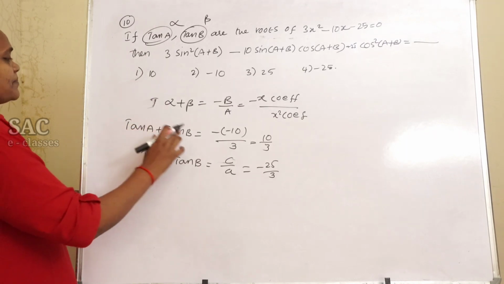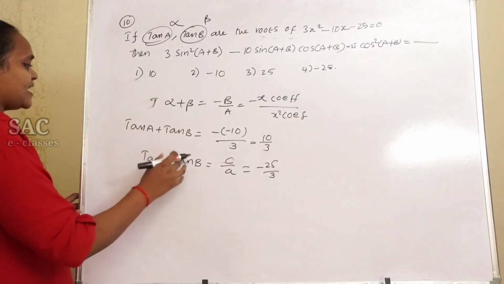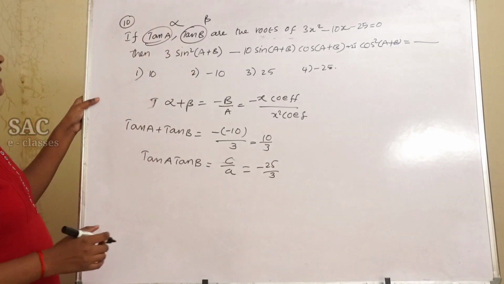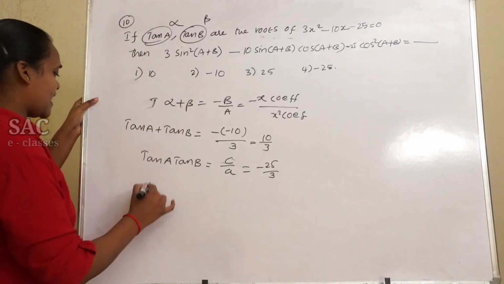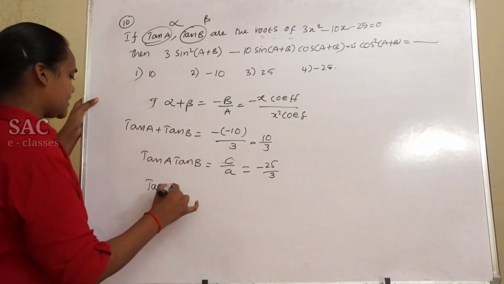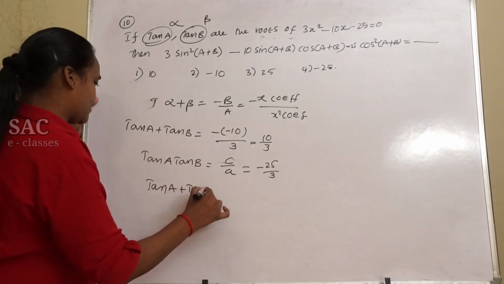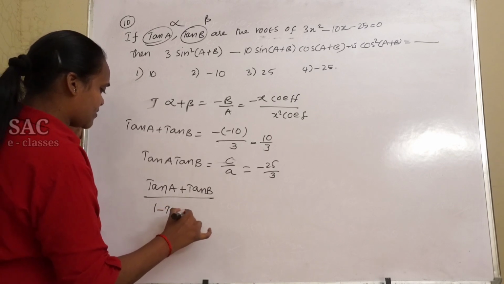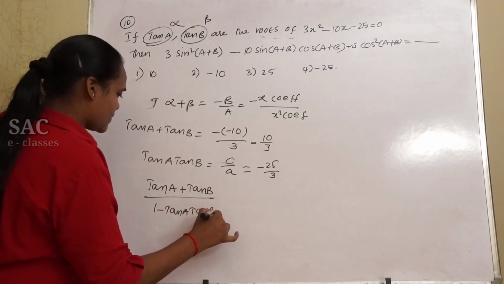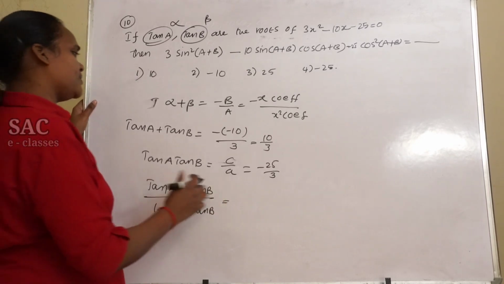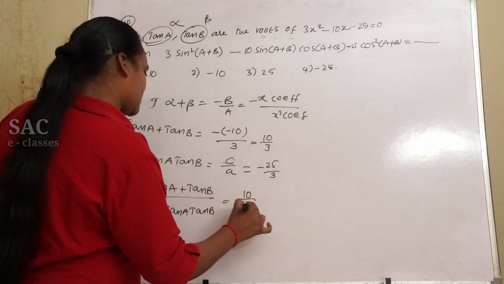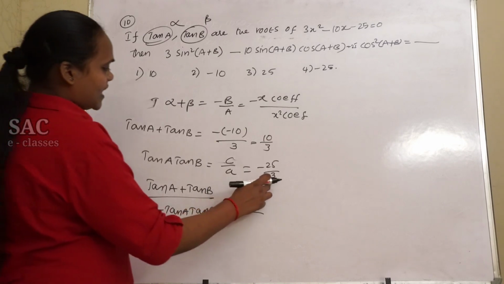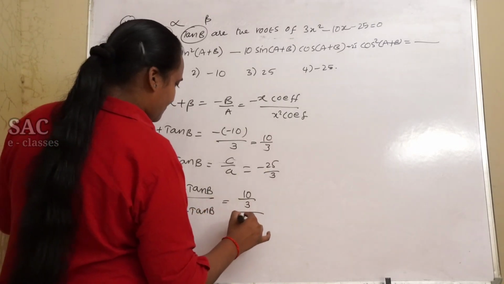We got tan A plus tan B and tan A into tan B, but we want sin of a plus b. Then we can write tan of a plus b as tan A plus tan B by 1 minus tan A tan B. Tan A plus tan B is equal to 10 by 3 by 1 minus tan A tan B, which is minus 25 by 3.